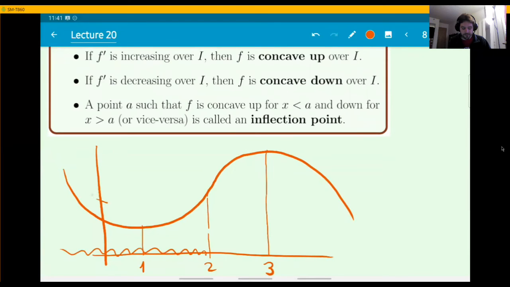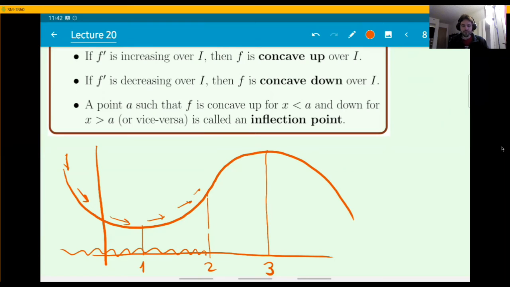The derivative is a very negative number here, then it becomes a slightly less negative number, then it becomes very close to 0 and starts becoming positive and larger and larger. The derivative itself is increasing, and that's causing the graph to have this shape, a smile, so concave up.